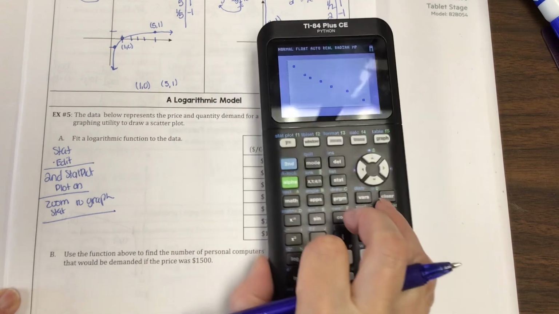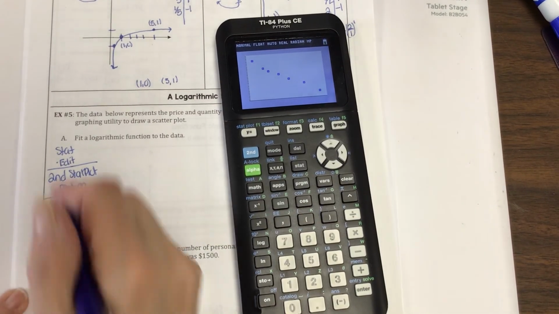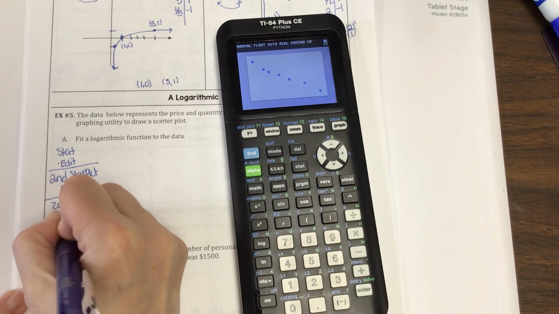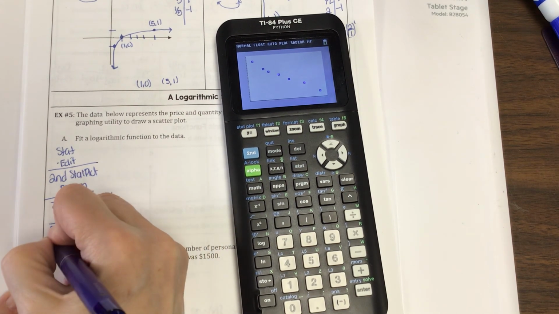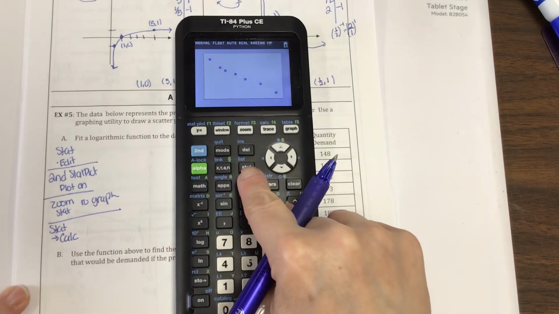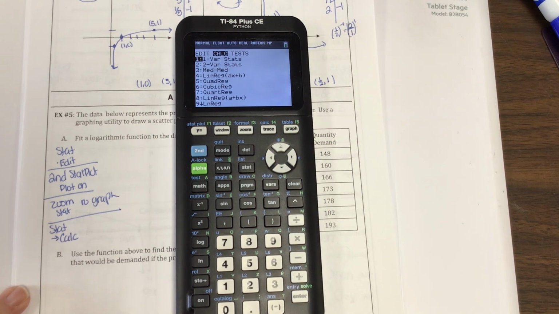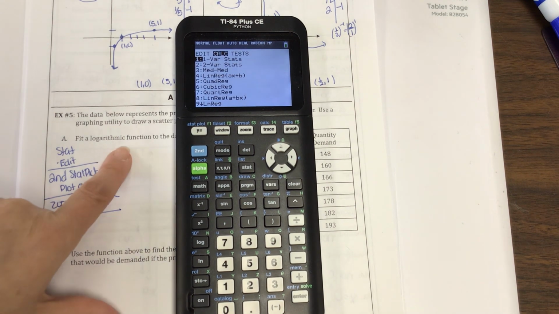Now it says fit a logarithmic function to the data. So you go stat over to calculate. And what are we calculating? A logarithmic function, right?